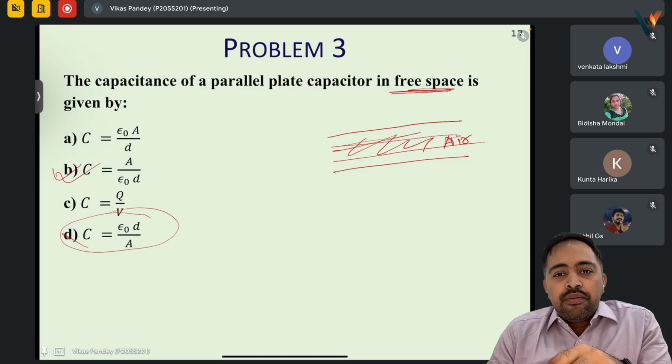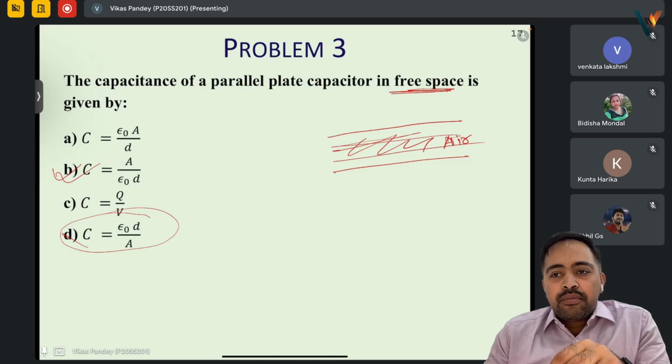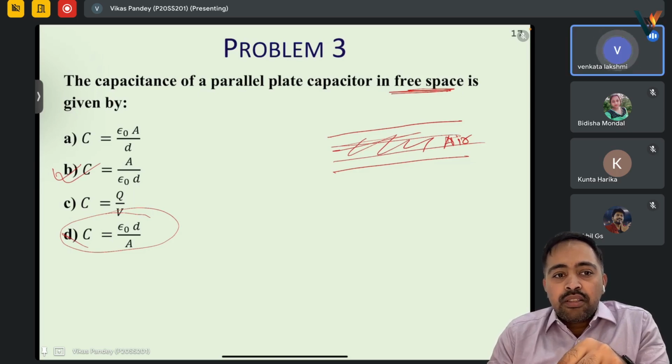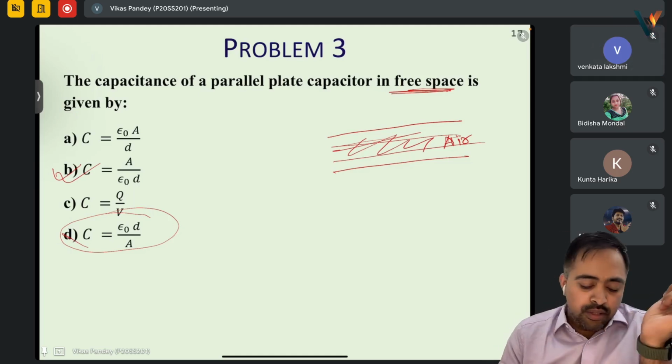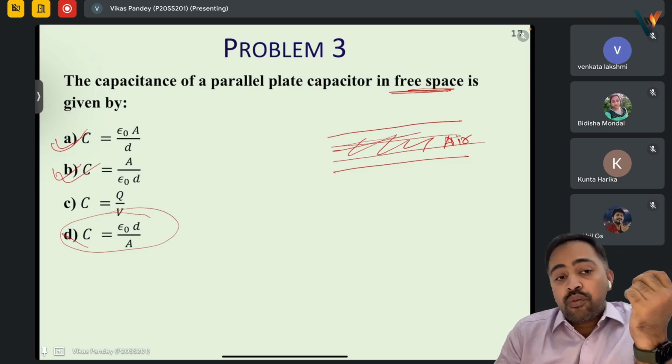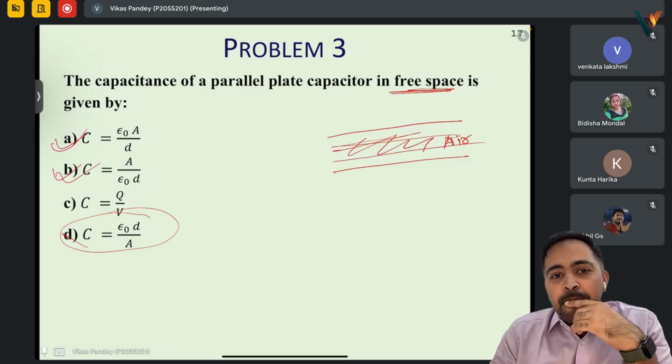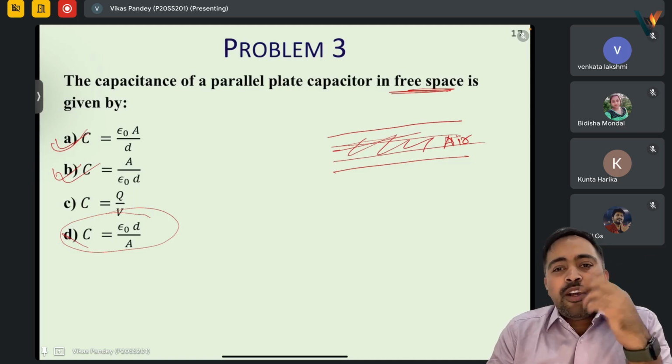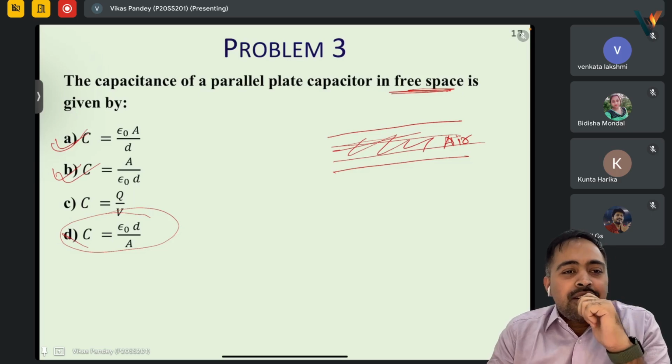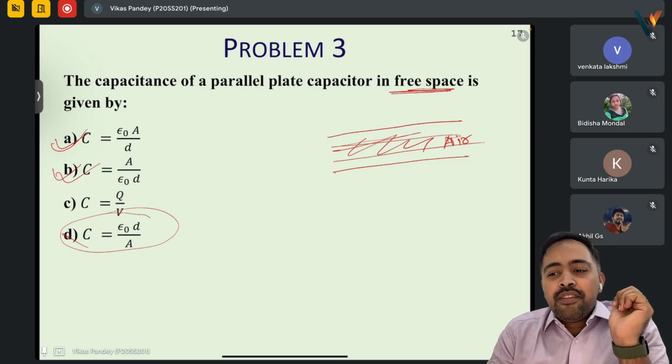Yes, anyone? Epsilon A by T. So A. Okay, so why not B? Why A? Someone said B, someone said A. Now you have to defend which one is correct and why.